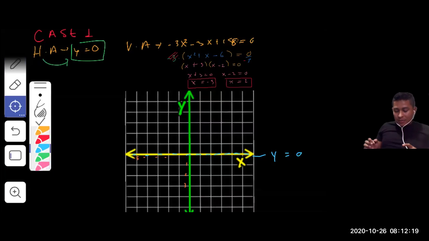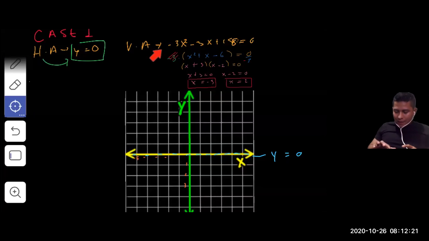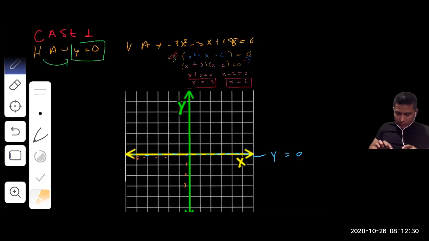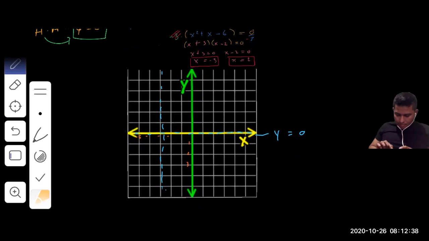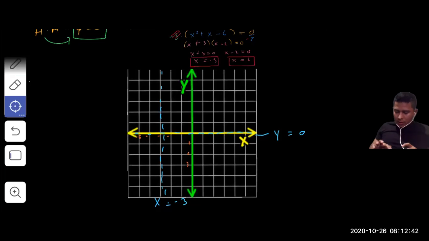And what about the vertical asymptotes? We have two of them, right? x equals negative 3, negative 1, negative 2, and negative 3. This one, negative 3. And which is the other one? What is the other vertical asymptote?